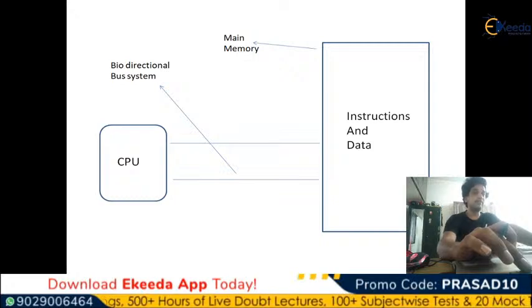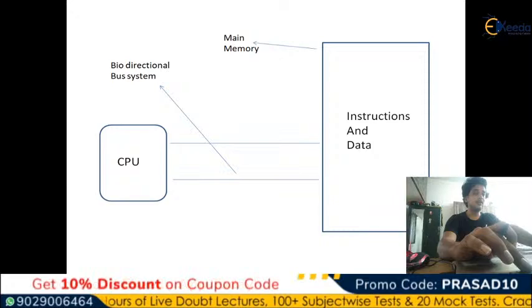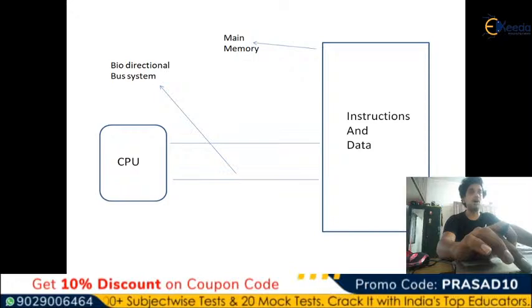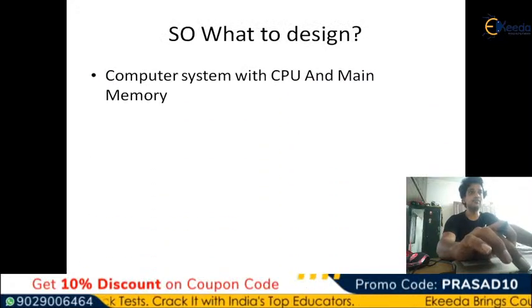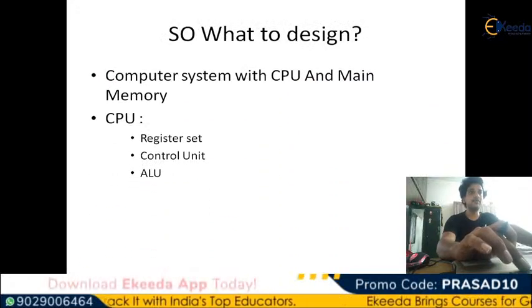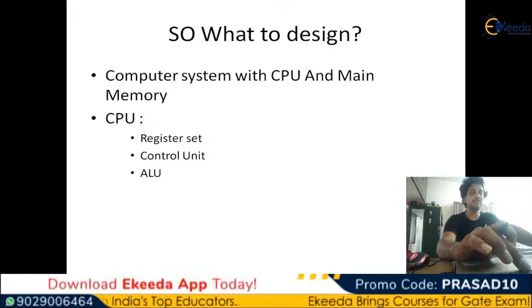The CPU is going to hold a register set, control unit and ALU. The main memory is going to hold all the programs. So what to design? Initially, we need to design the CPU. When you design the CPU, you need to design three entities. The first one is a register set, the second one is a control unit, and the third one is an ALU.